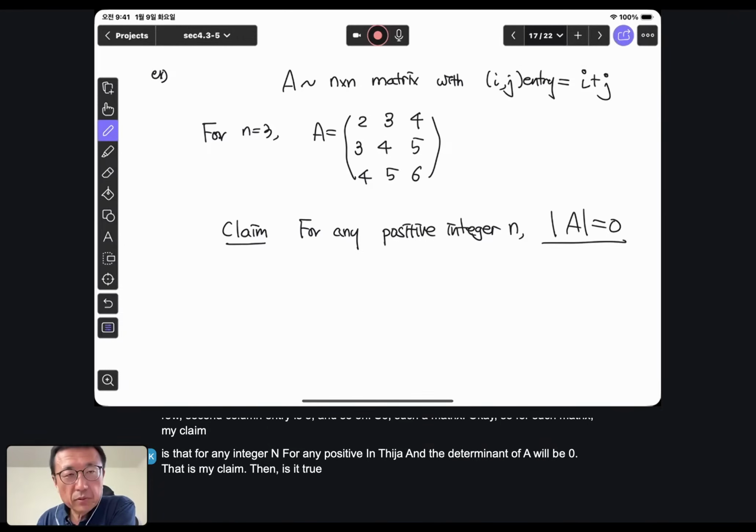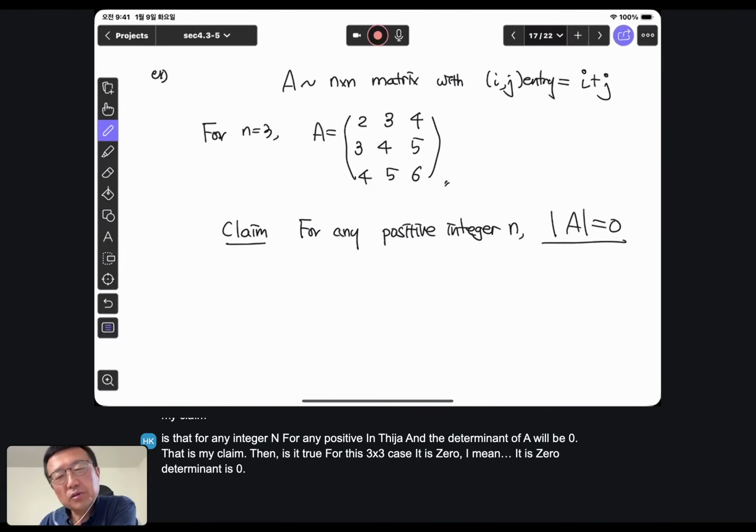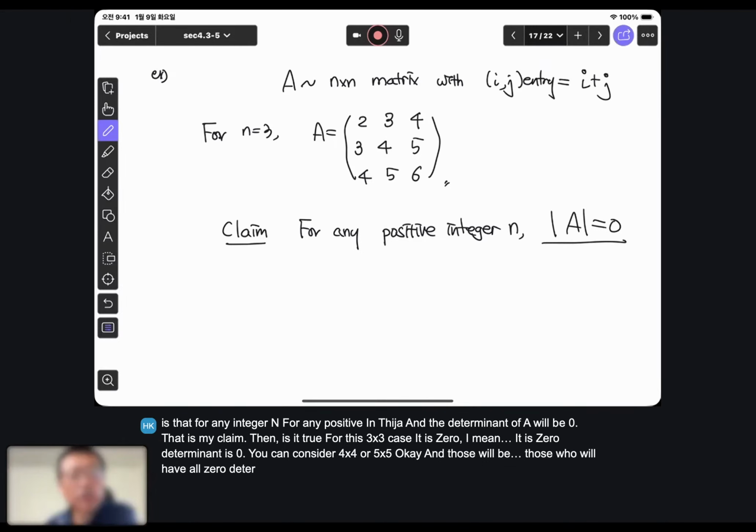For this 3 by 3 case, the determinant is 0. You can consider 4 by 4 or 5 by 5, okay? And those will all have 0 determinant. Then how can I prove that?